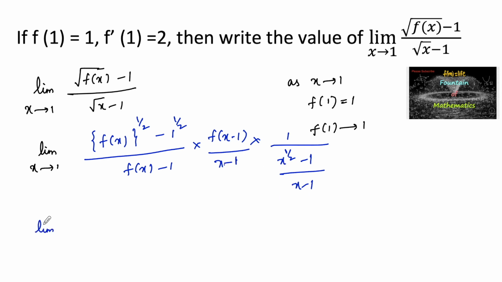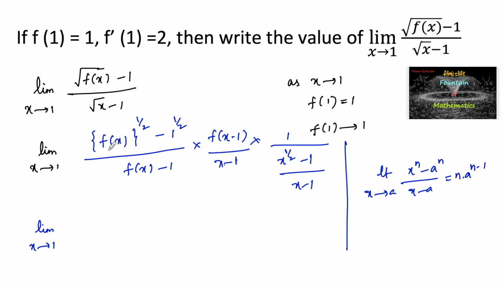So limit x tends to 1, f of x to the power of 1 by 2 minus 1 to the power of 1 by 2. Since we know that limit x tends to a, x power n minus a power n upon x minus a is equal to n into a to the power of n minus 1. So here let us take separately.